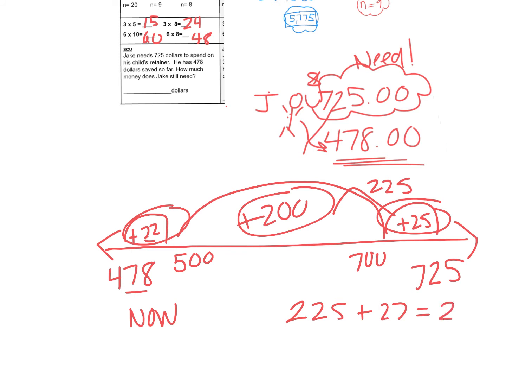Think about how you could combine those two. Well, that gives 47, so 247. So $247 is what we should have.